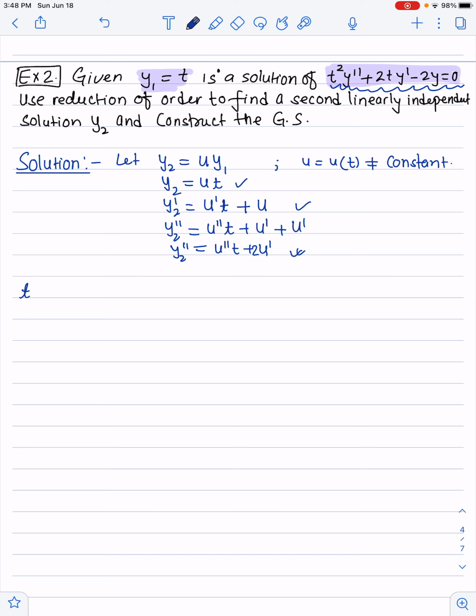So it will be t square times y2 double prime, which is u double prime t plus 2u prime, plus 2t times y2 prime, which here will be u prime t plus u, minus 2 times y, in which we are plugging y2, which is u times t, equals 0.